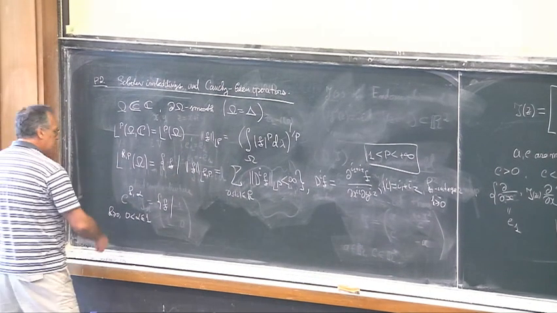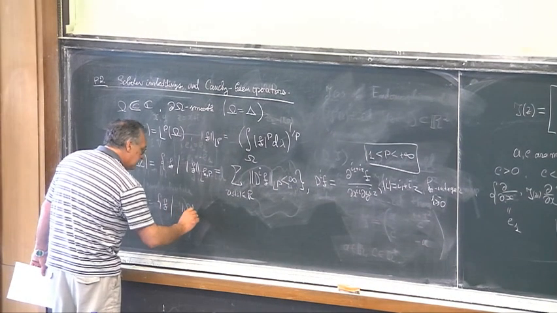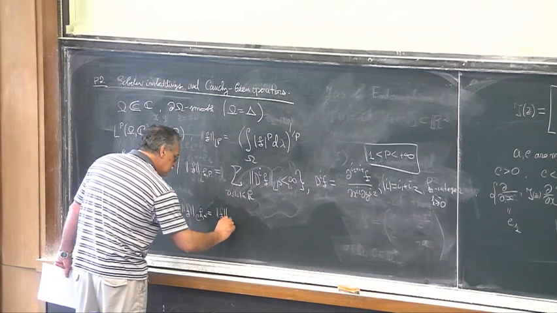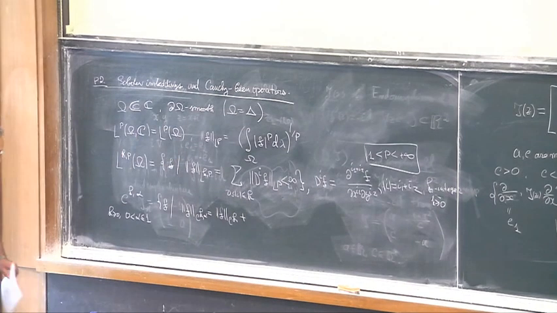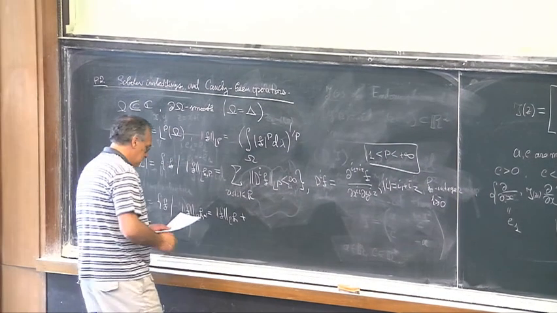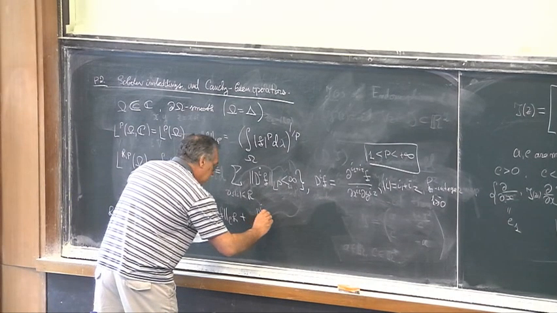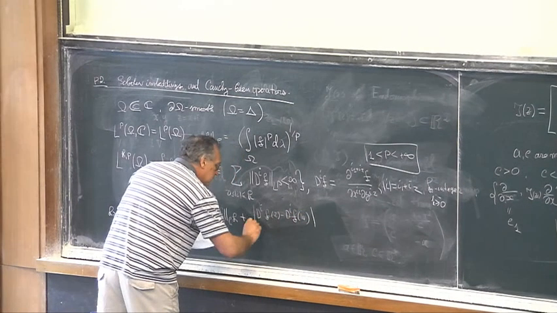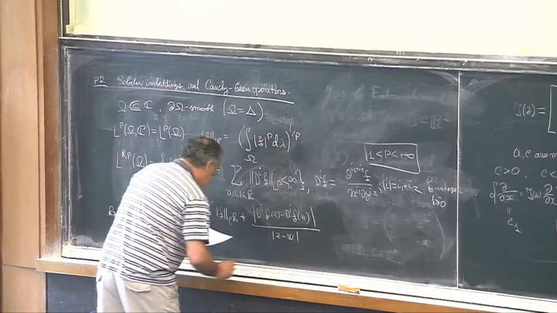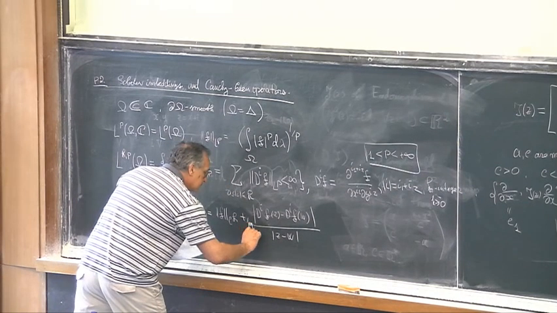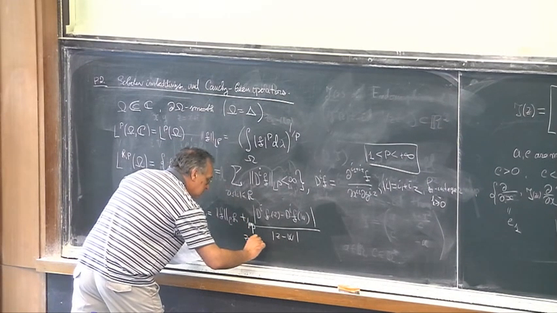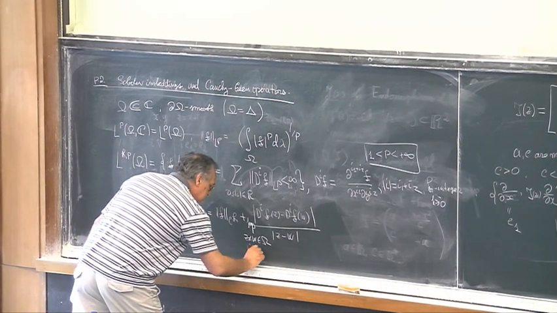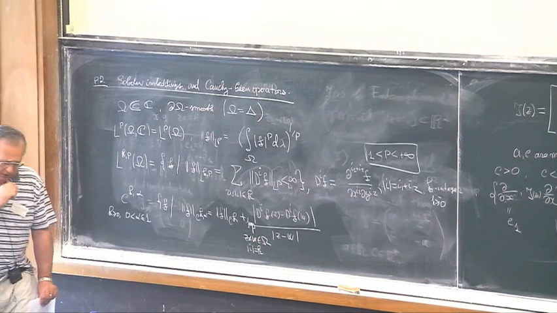The same with Hölder spaces: the C^k norm of f plus, for derivatives of order k, the sup over z not equal to w in Omega of the absolute value of D^i f of z minus D^i f of w divided by the absolute value of z minus w to the power alpha, with modulus i equal to k. For derivatives of order k, this thing should be finite.